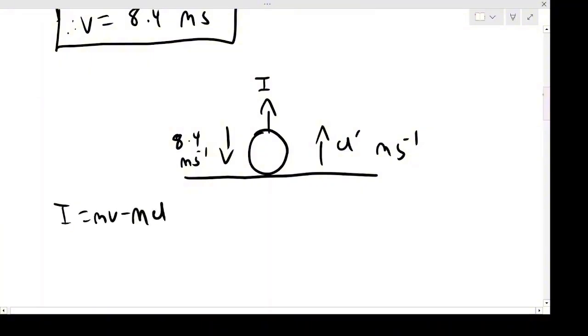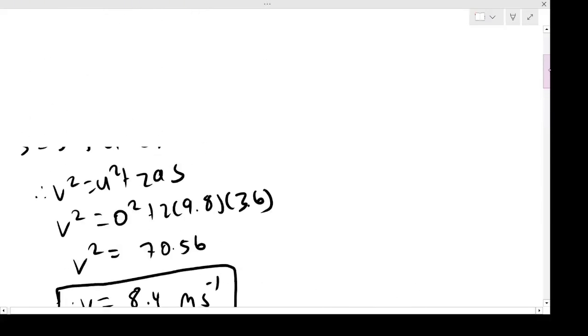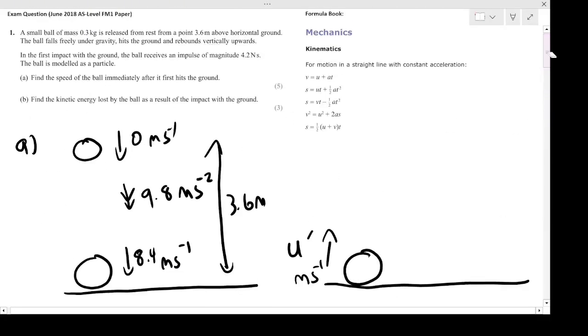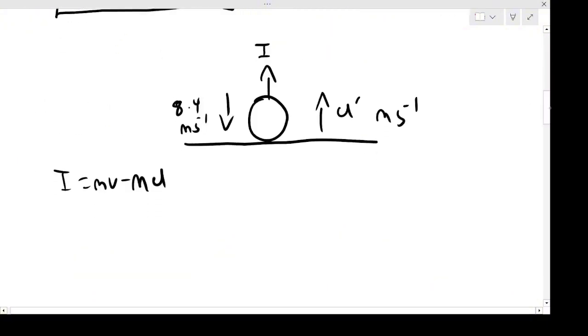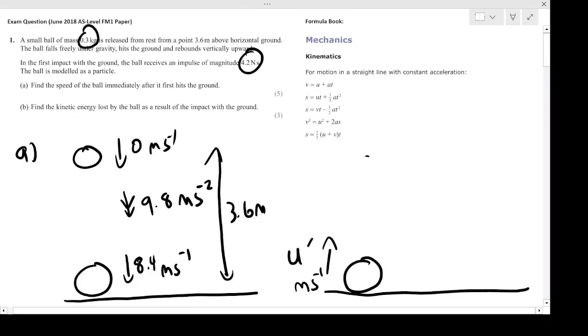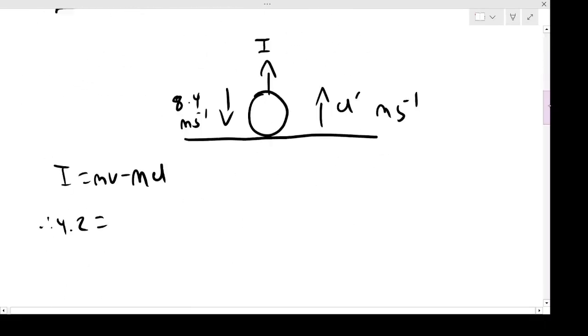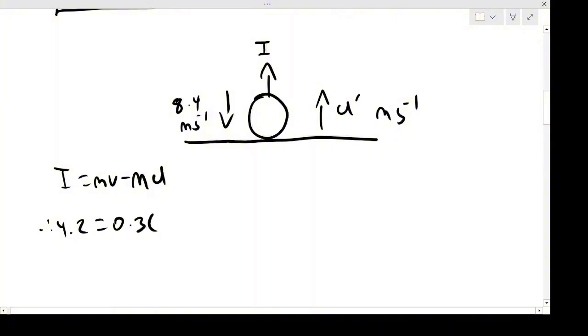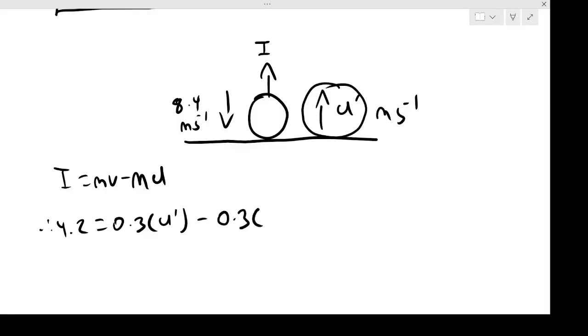So if we substitute the impulse here, which is 4.2, then we can say that 4.2 is going to equal m. Now m, the mass, we're told is 0.3, so the mass is going to be relevant here. So 0.3 lots of the final speed, which is u dash, take away 0.3 lots of the initial speed.